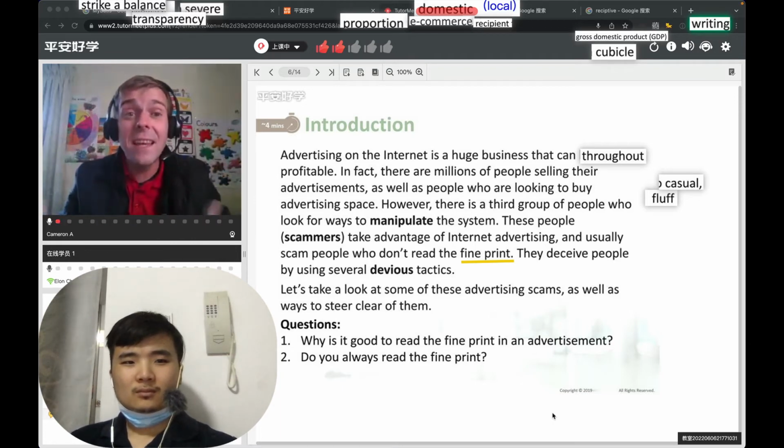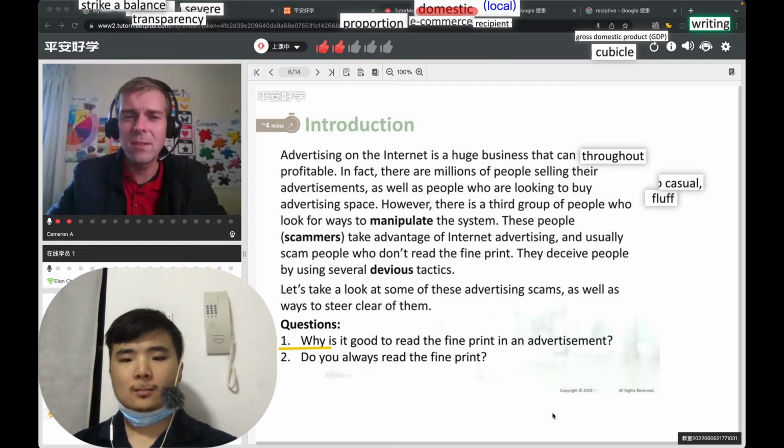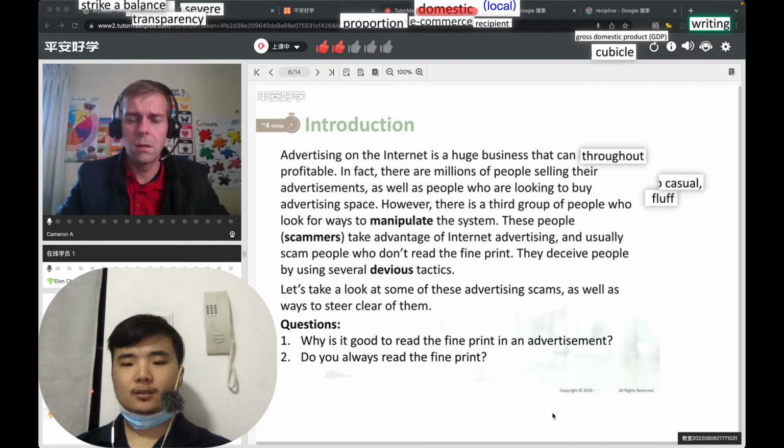So any details about a transaction is called the fine print. Okay. Why is it a good idea to read the fine print in an advertisement? Because some scams will have their key point in the fine print.